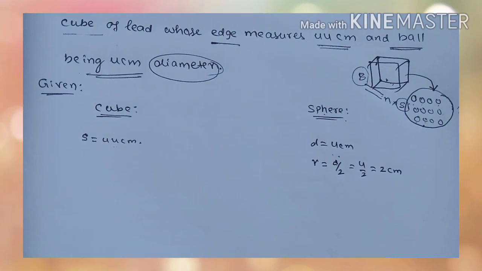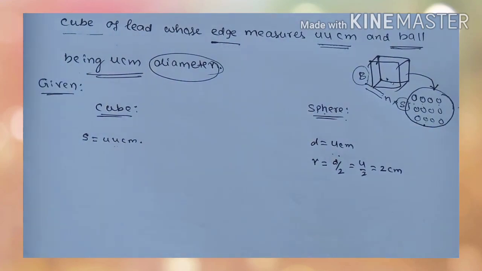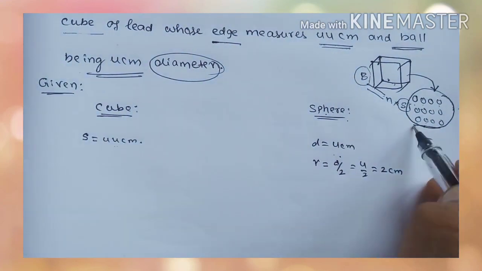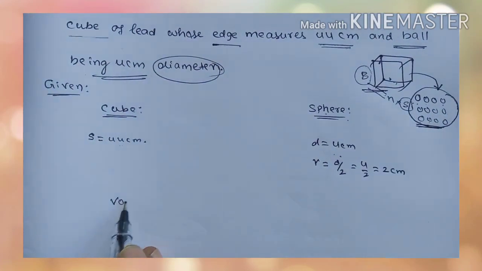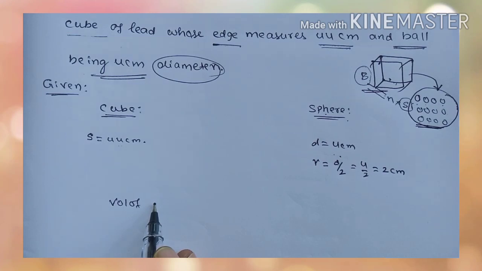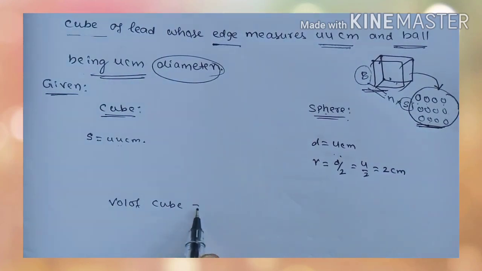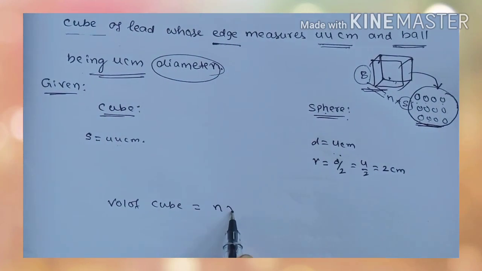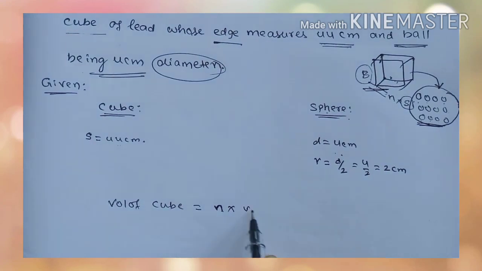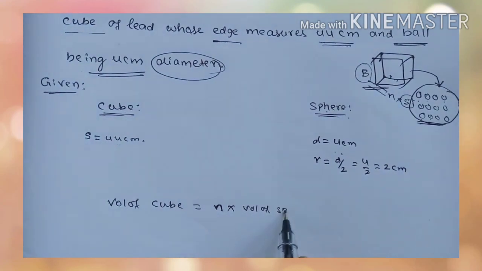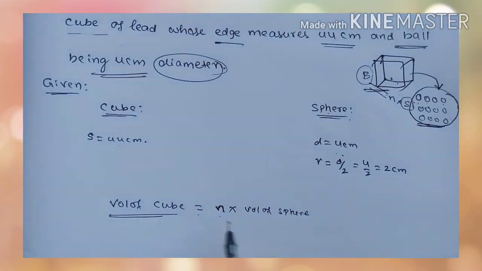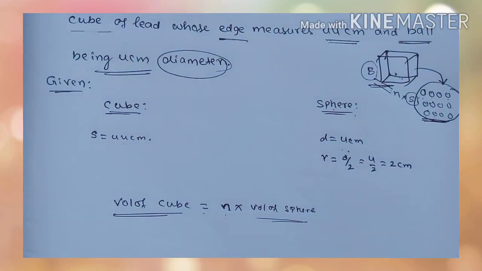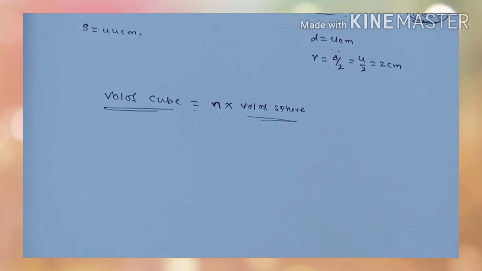Not only in this case, in any case. So we can write the condition: volume of the big object, the cube, is equal to n into volume of the smaller object, the sphere. That is the rule for all the problems.